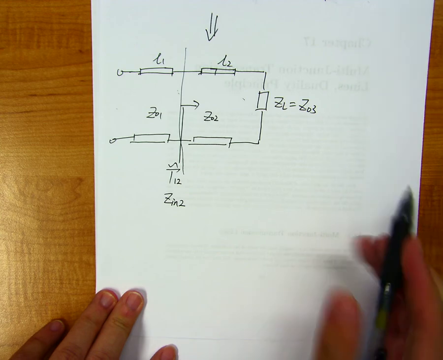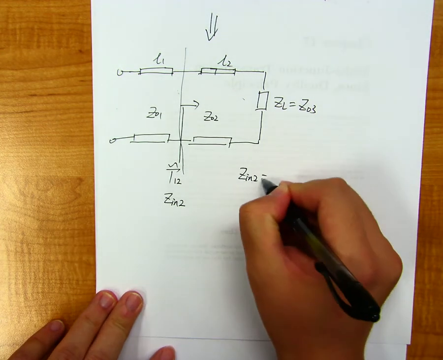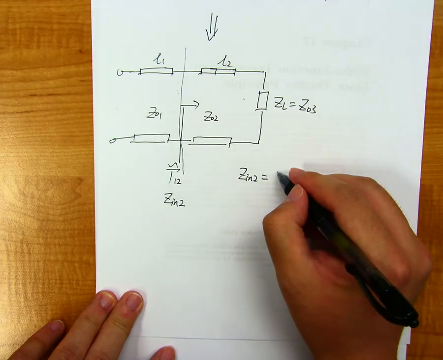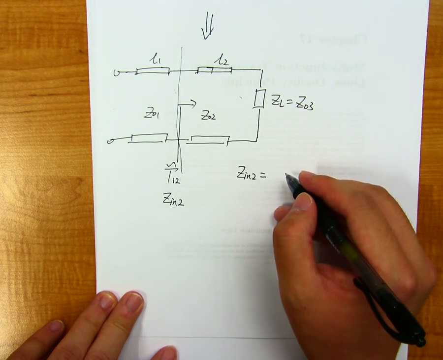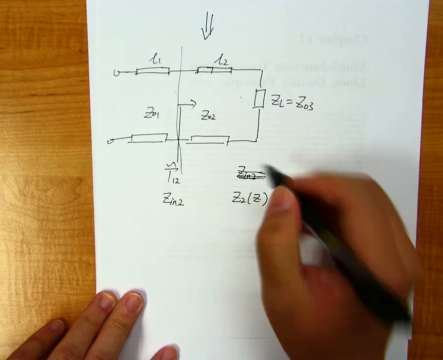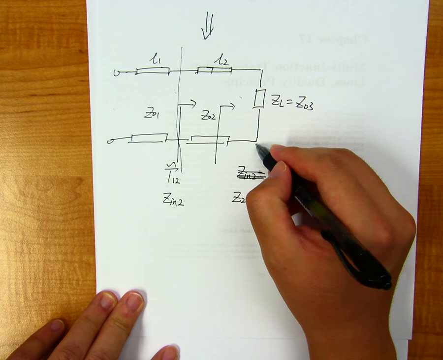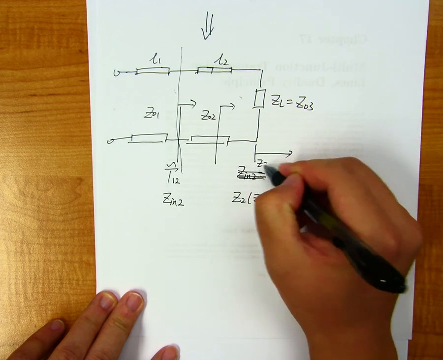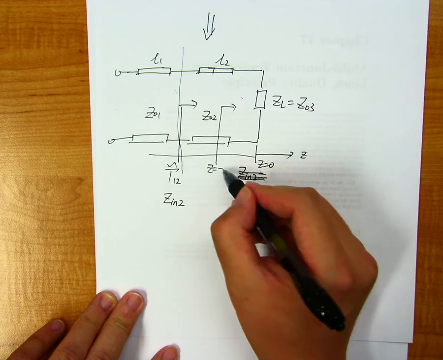Okay, so Z in 2 is equal to, well, let's write Z2 of z first. That means I look from here at arbitrary z. Okay, again this is z equals 0, positive z, z equals negative L here.